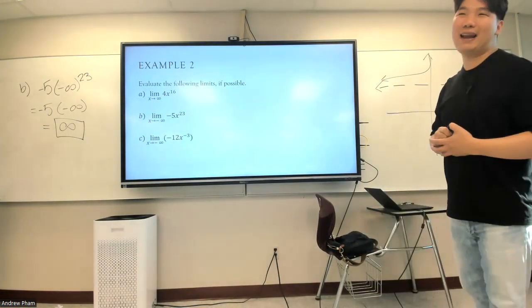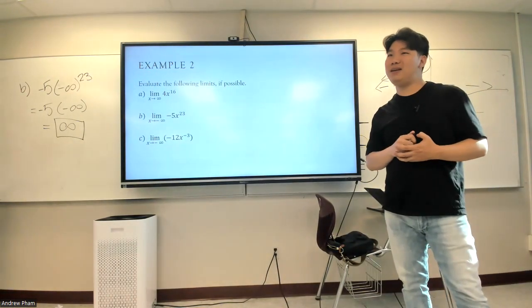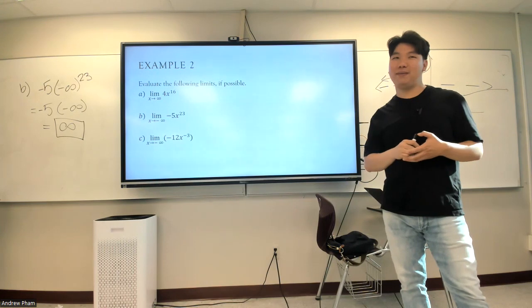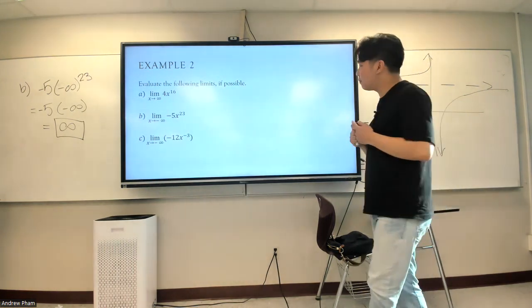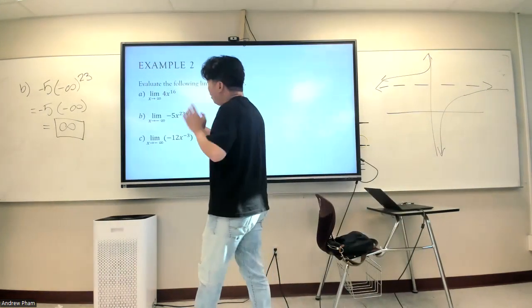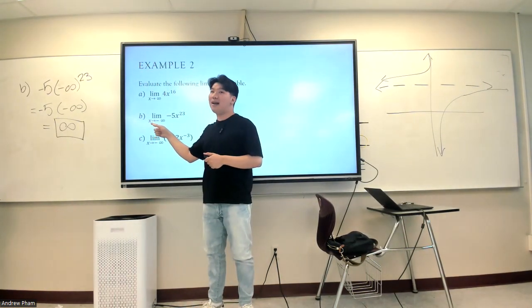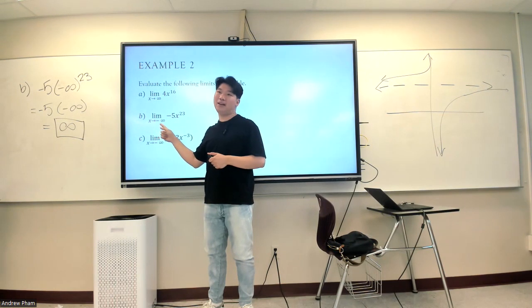So far it looks like if I take the limit as x goes to infinity, we usually get infinity or negative infinity a lot. And we're going to see that that does, in fact, happen for a lot of cases. Let's see. The reason I gave this is that right here, this is the limit as x goes to negative infinity.